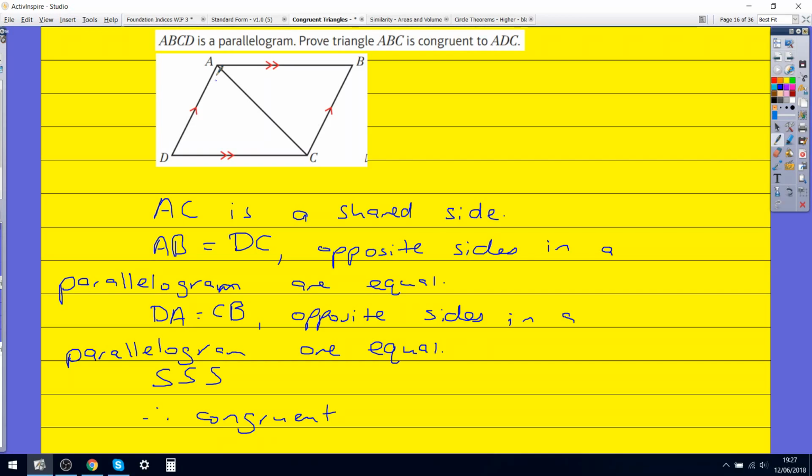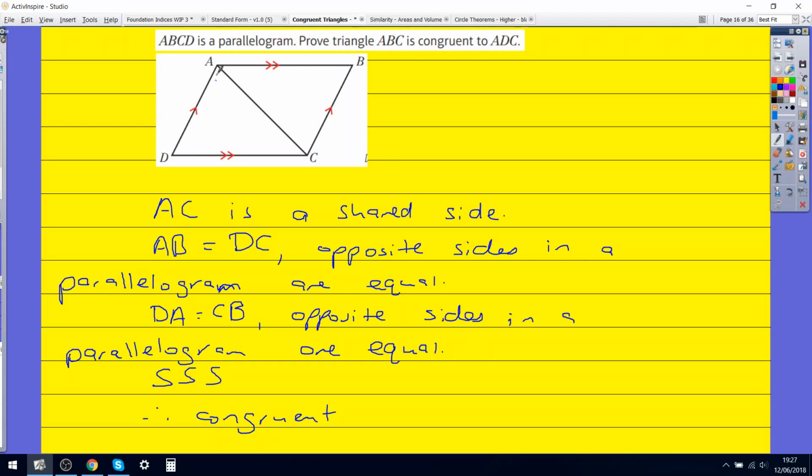WY is a common side. So then XY equals WZ because all sides in a square are equal. Then you can say that XW equals YZ because of the same rule.